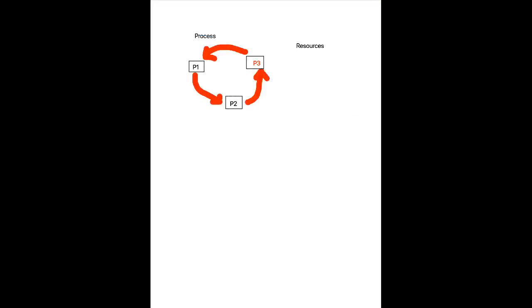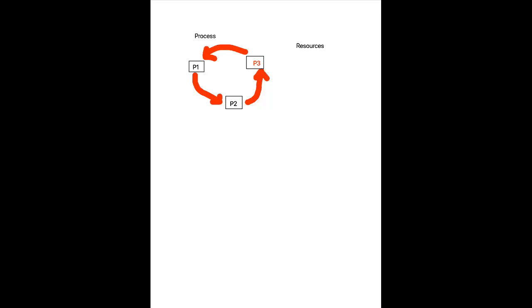Suppose R2 denotes printer, and if there are 3 printers, we'll write W2 is equal to 3. Okay. So R2 denotes the category, rather, and W2 denotes the number of instances. If there is a single printer, it could be 1. If there are no printers, we may write instances equal to 0. Rather, I can say in that case there is no need to mention it as a resource type, because it is not available there, right?